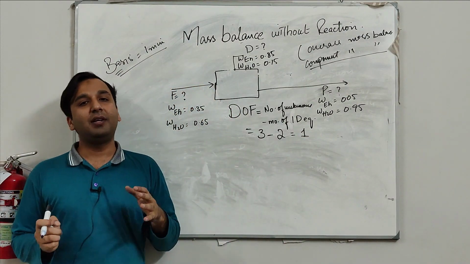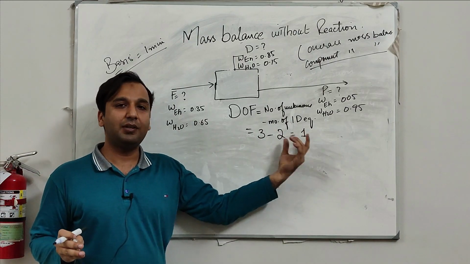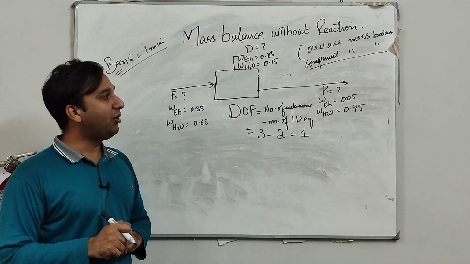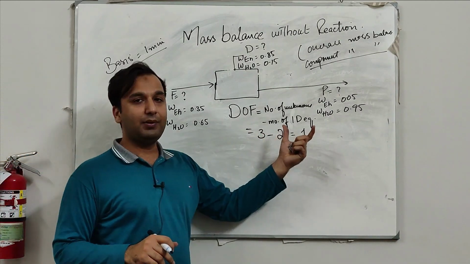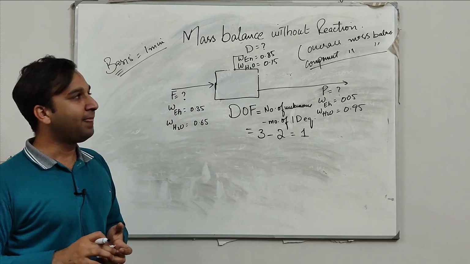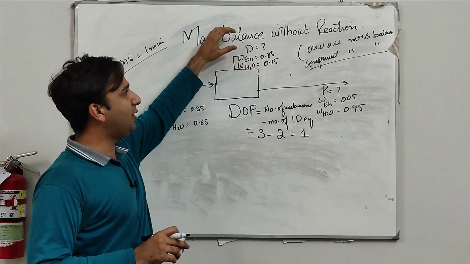Now if the degree of freedom is not 0, you cannot solve the problem. If it is positive, you cannot solve the problem. So for solving this problem, or making the degree of freedom equal to 0, you have to take a basis. You can take a basis of any flow rate.